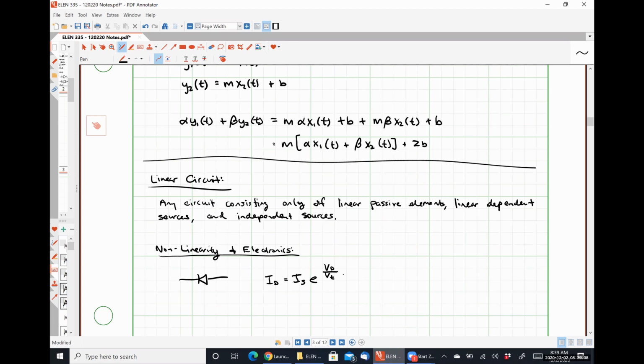But an awful lot of the circuit analysis techniques that we have learned to this point have to get thrown out of the window because we're going to be dealing with nonlinear circuits. So what we're going to be doing is using more advanced numerical methods to directly solve these. We're going to be idealizing or simplifying the behavior of our elements so that it's approximately linear under certain conditions.